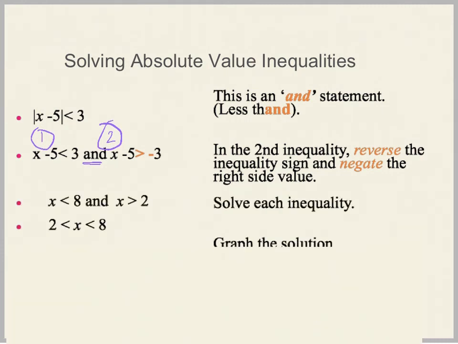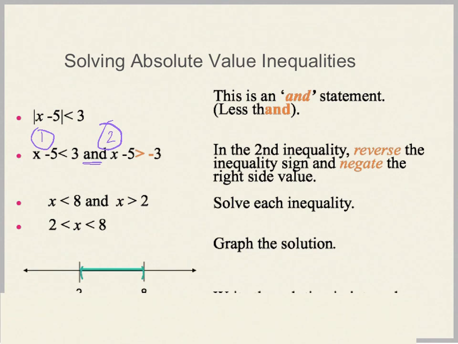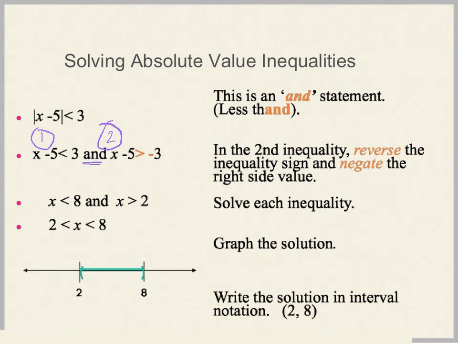Again, solving as a compound inequality, I get x is less than 8 and x is greater than 2, which I could write as 2 is less than x is less than 8. Graphing that solution and writing the answer in interval notation, I find that my solution is between 2 and 8.